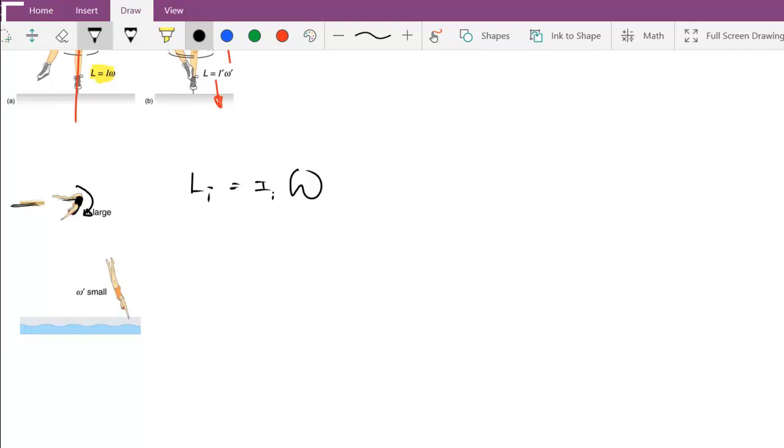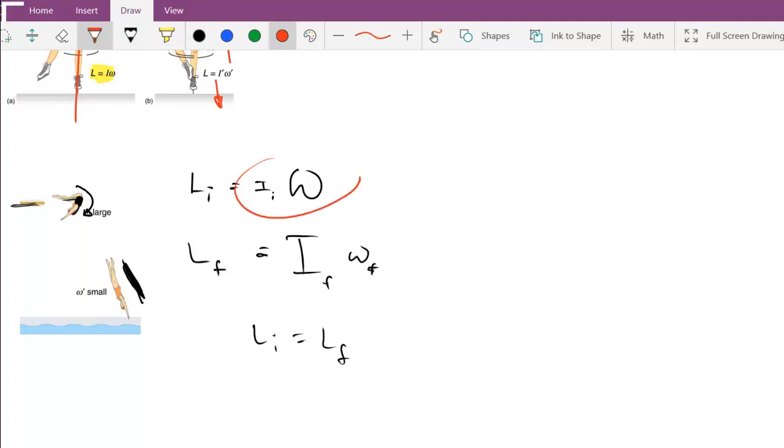And then when you stretch out later on, your final angular momentum, you would have a much larger rotational inertia. So you have a large I final, but then you have a very small rotation. That way the product is still the same. So we still have initial angular momentum equal to final angular momentum, and these products are equal to each other.